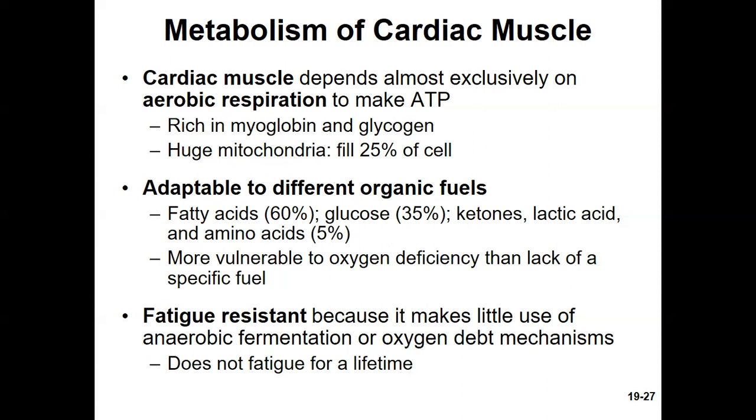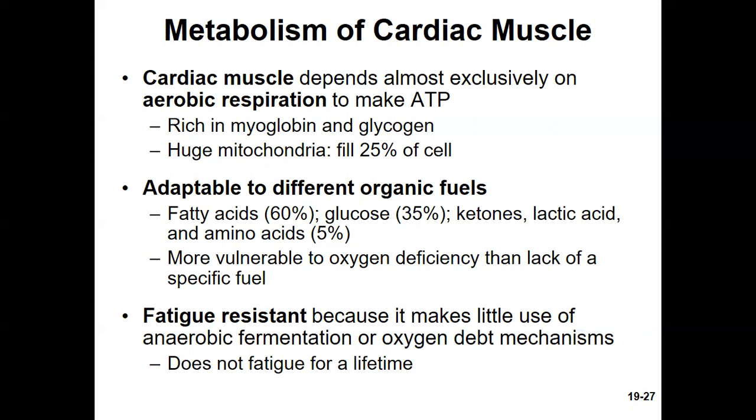The heart muscles are adaptable to other fuel types. ATP, oxygen, is going to be the main type of fuel. You can also get fuel from fatty acids, from glucose, from ketones, lactic acid, and amino acids.